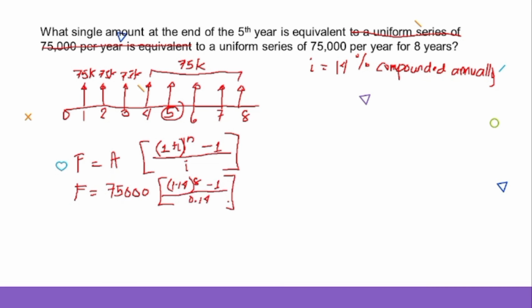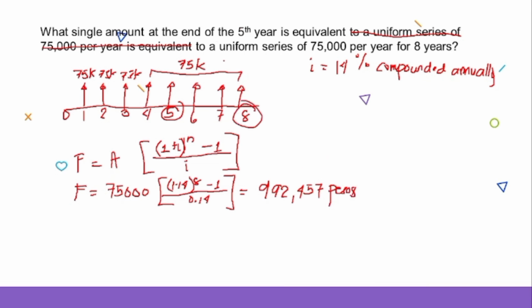So this is equal to 75,000 times this, equal to 992,457 pesos. Ito yung babayaran natin dito sa 8th year.